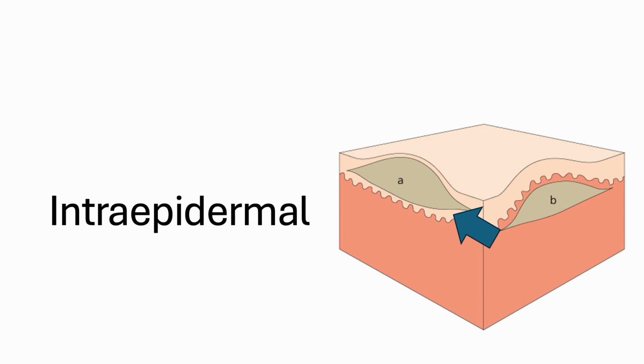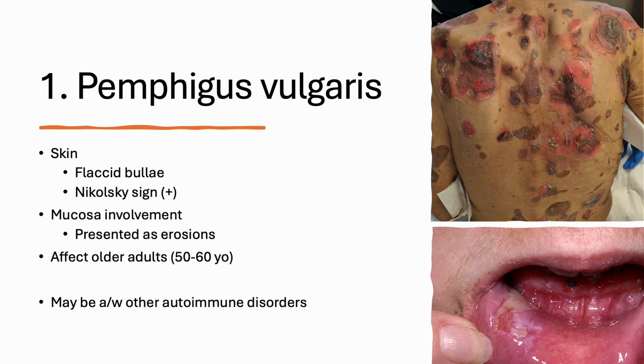So let's go further into the intraepidermal category. The first disorder is pemphigus vulgaris. As you can see here in this person, the skin is composed of many moist erosions. Those erosions used to be flaccid bullae.